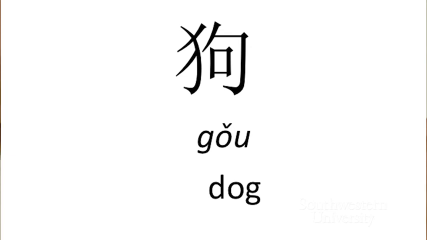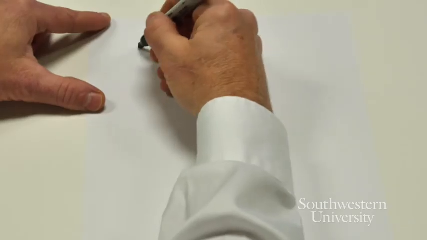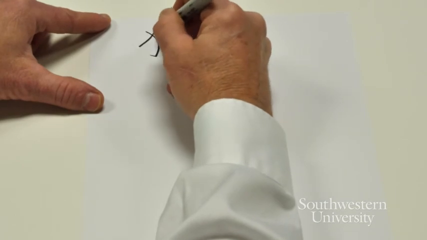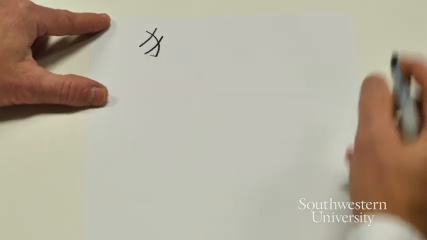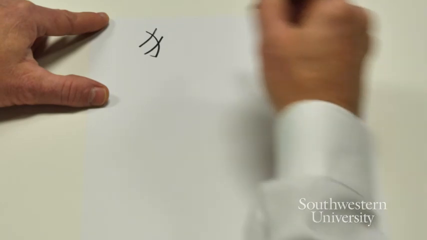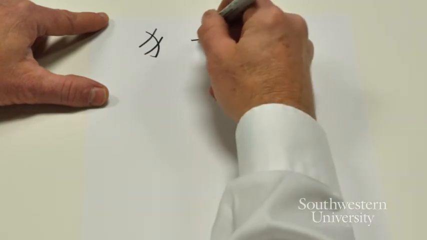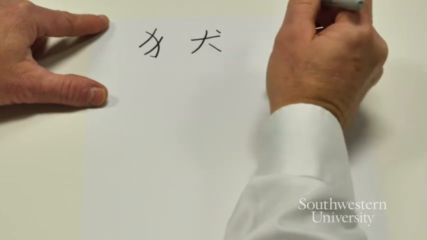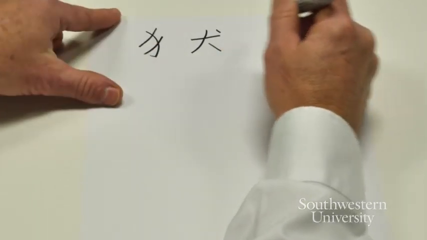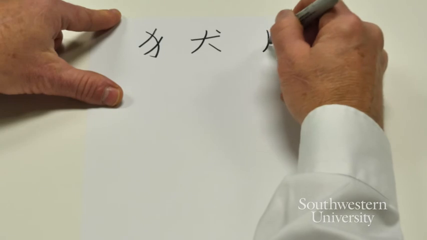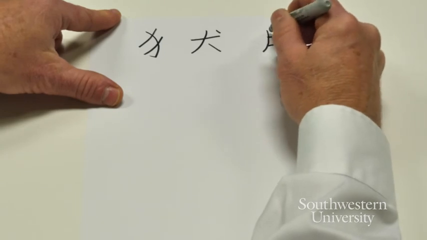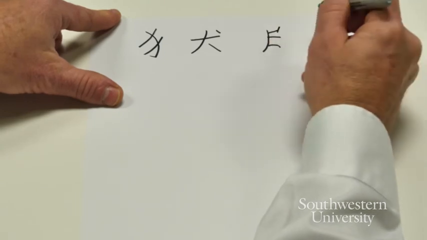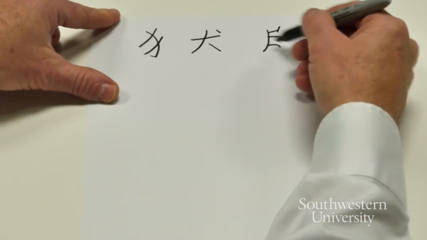Next character, gou. There is this component, this radical on the left side, which is a depiction of the ancient form of the word for a dog, which in really old Chinese, oh no, I'm trying to remember it, it looks something like this. So that's sort of like a dog.